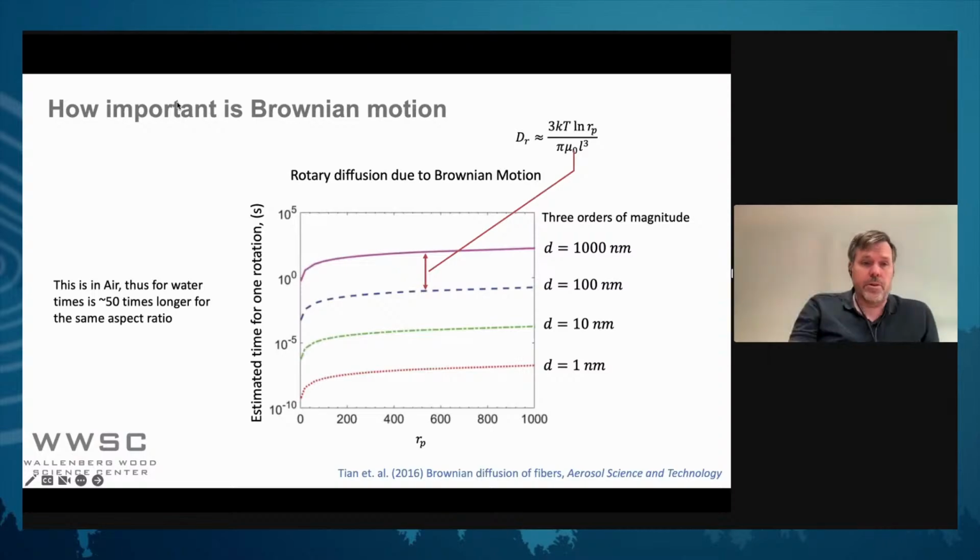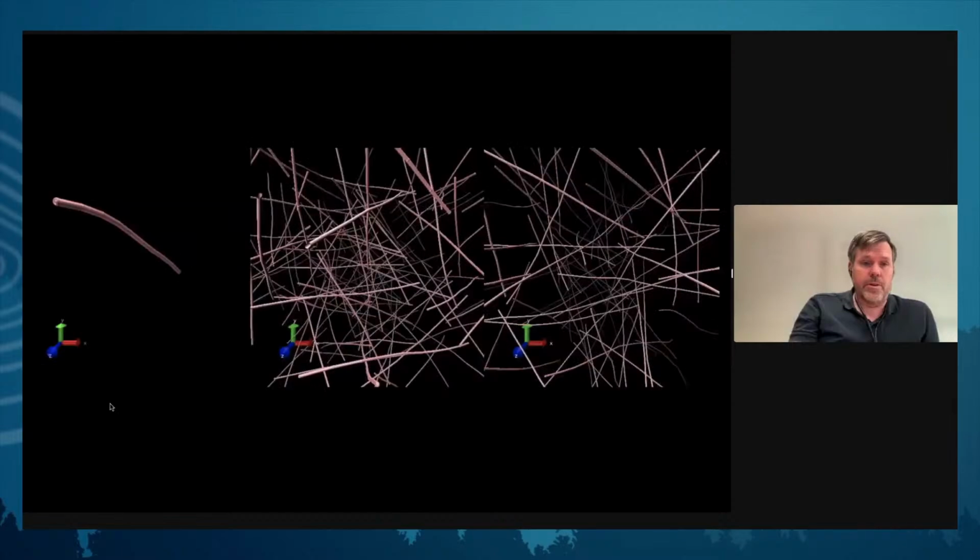It's hard to do a video of this in reality, but you can get an idea of what's happening. It's putting in a system, a single fibril moving by itself. So from some perspective, this is probably what a fibril would do if it was alone.